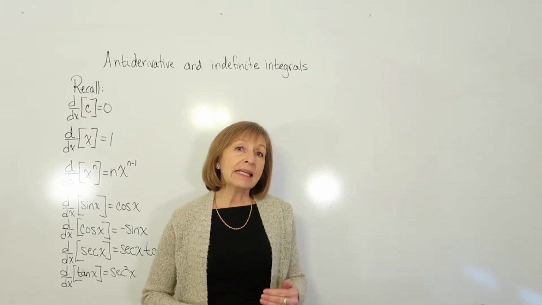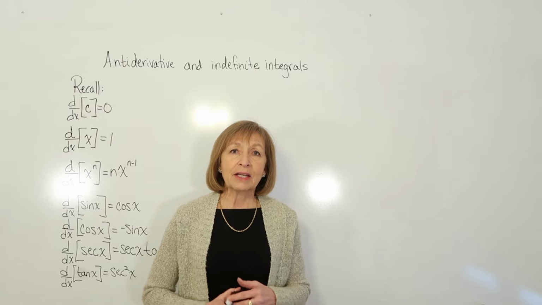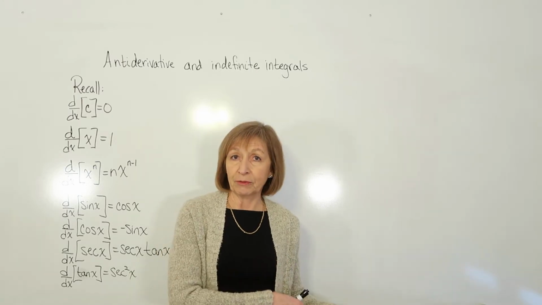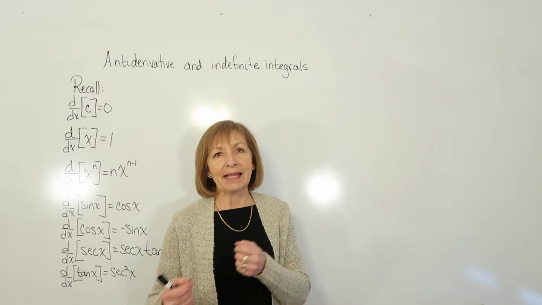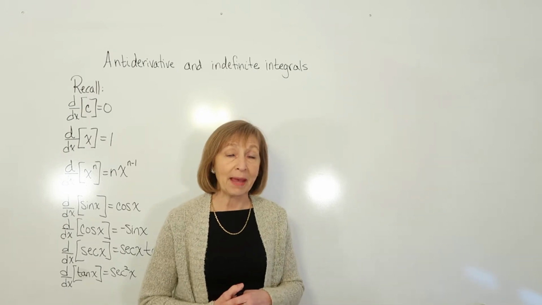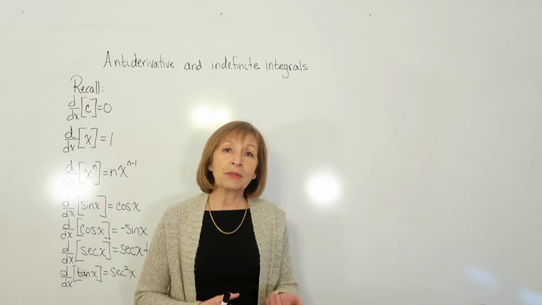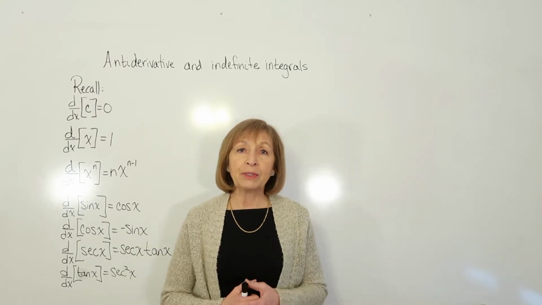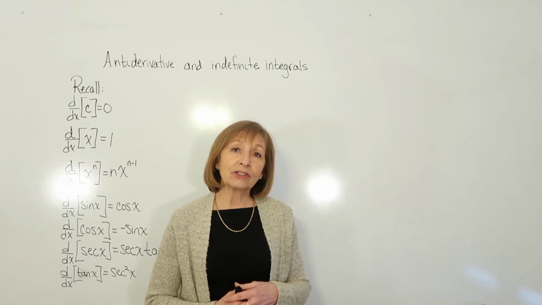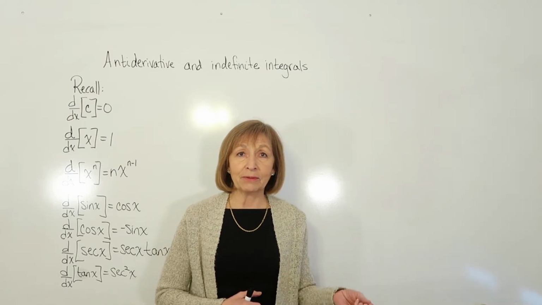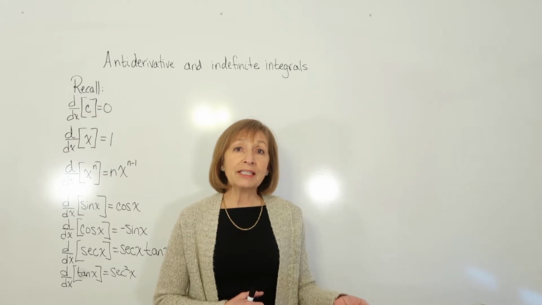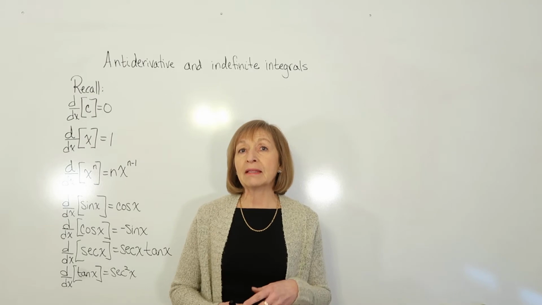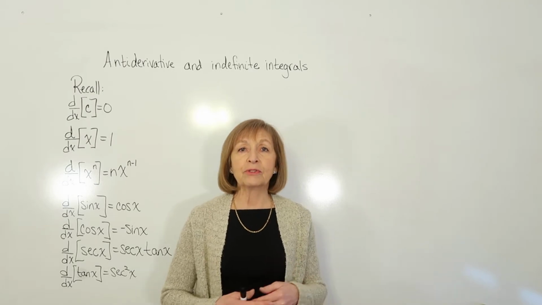Now, when we think about our differentiation process, we need to make sure that we review them and we're really comfortable with what we did when we differentiated so that we can have some hindsight for our path back. I also want to remind you that anytime we had a function that had a constant term and we differentiated it, the constant term's derivative is 0. So when we're integrating, finding the antiderivative, we need to make sure that we allow for that constant term to have been there.